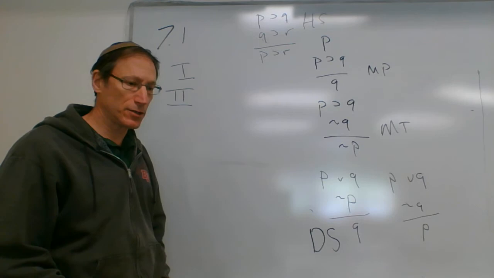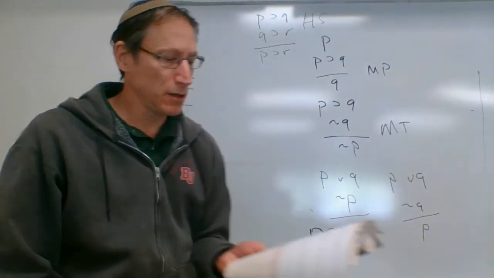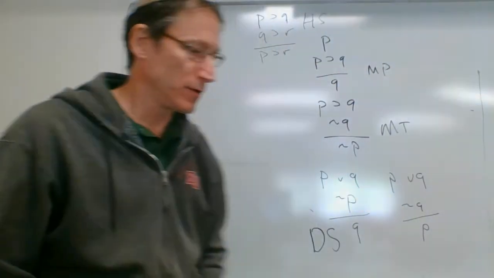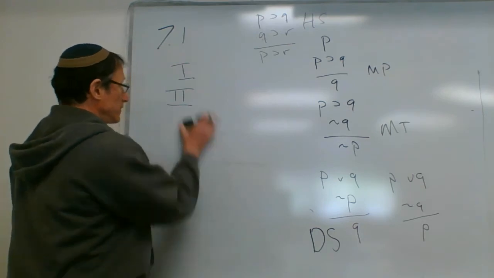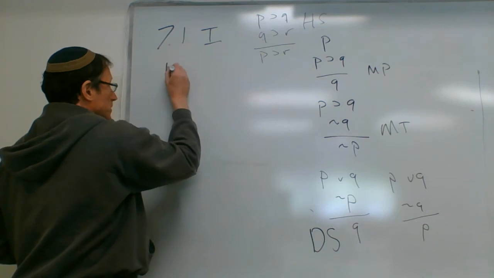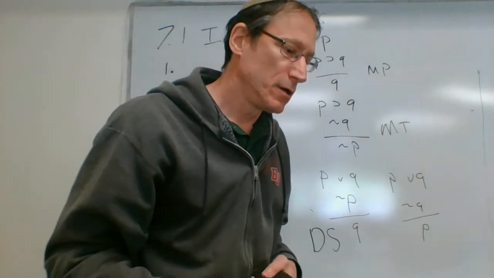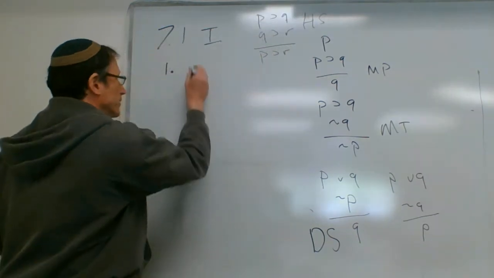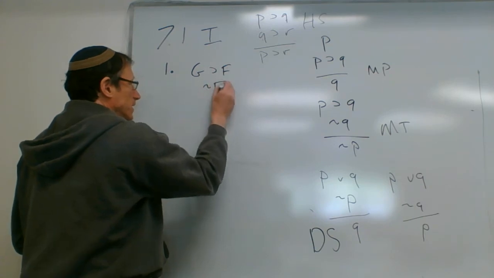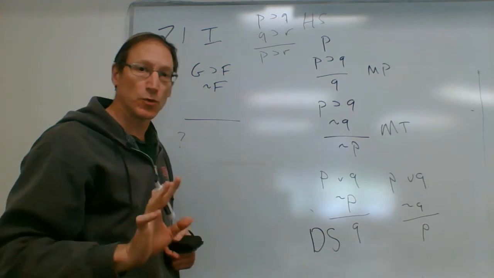So I'm looking at exercise 7.1, and I'm going to start off with number 1. Right now I'm doing Roman numeral 1, exercise number 1. Suppose you are given the following 2 steps, G horseshoe F and not F. You're given G horseshoe F, you're given not F, and the question is, what can you infer using one of the rules?